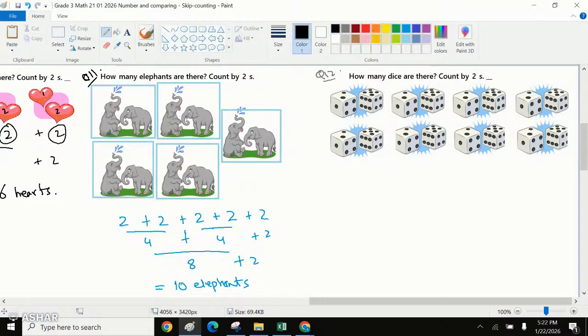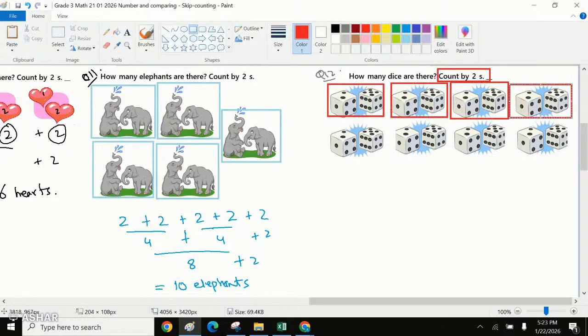See, if we have to count by twos, we can make pairs of twos. There is one pair, second pair, right? Second pair, that means there are two together. Third, fourth, fifth pair, sixth pair, seventh pair, and the eighth pair, right? Yes, thank you, Rebecca.